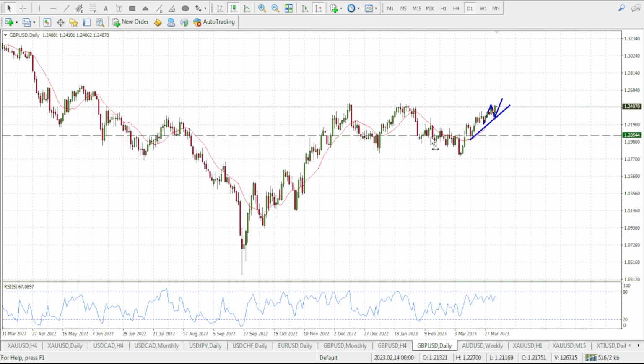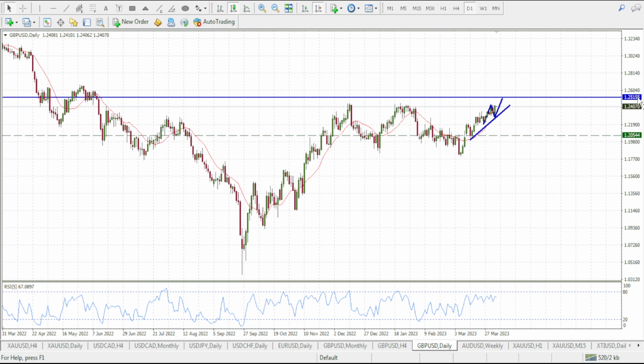Now on the daily, if we see on the H4, it is clearly telling me that it's going to retest 1.25155. So now, my friends, it is getting a little bit more technical, I should say.